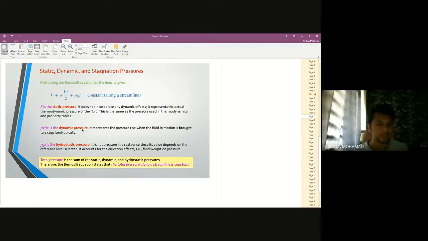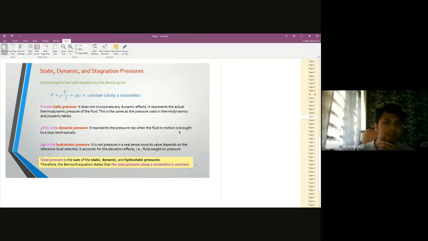Okay, and then rho V squared over 2 ni, which is defined as dynamic pressure. So it represents the pressure rise when the fluid in motion is brought to a stop isentropically. So there is dynamic pressure. Okay, so pressure due to the velocity ataupun fluid motion.